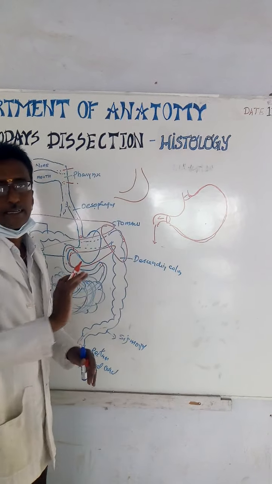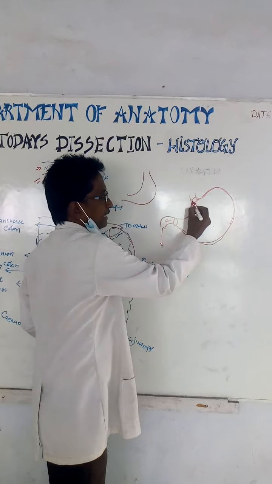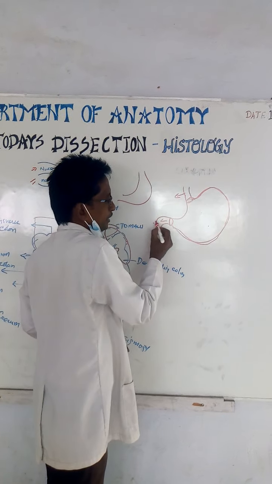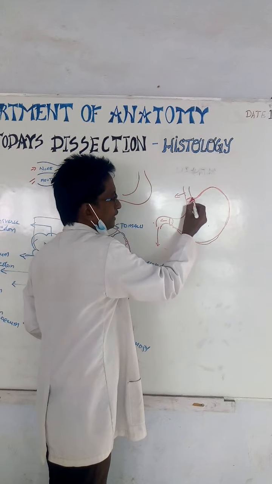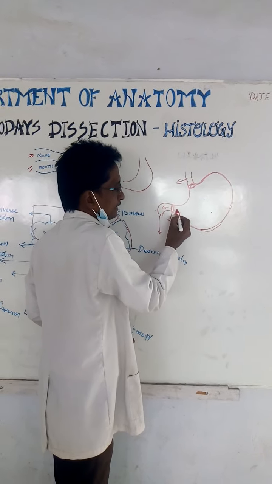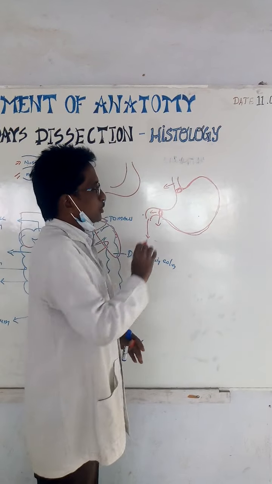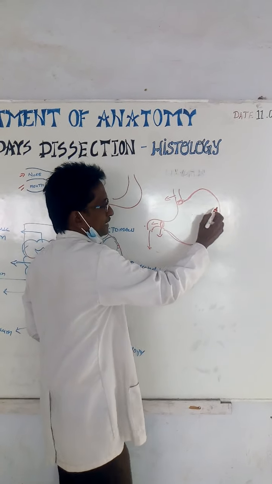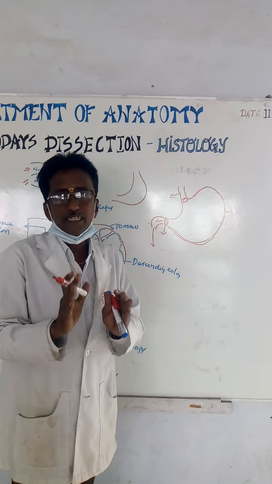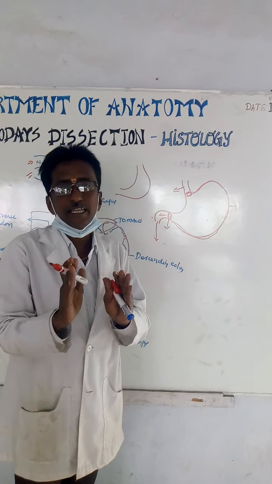This is small intestine. So this is the esophagus, this is our duodenum. In between the lower end of the esophagus and the beginning of the pyloric part, this is called stomach. The stomach is a reservoir of food, and also it is the most dilated part of the GIT, as already described.